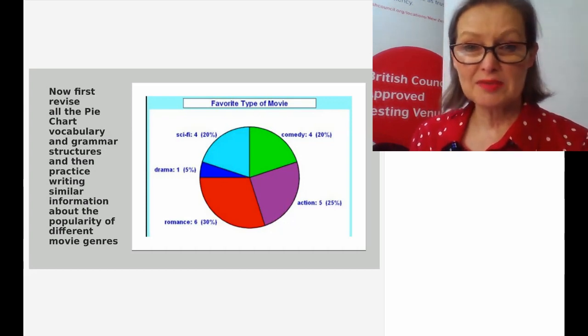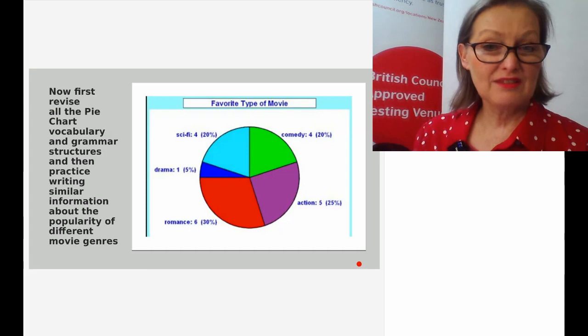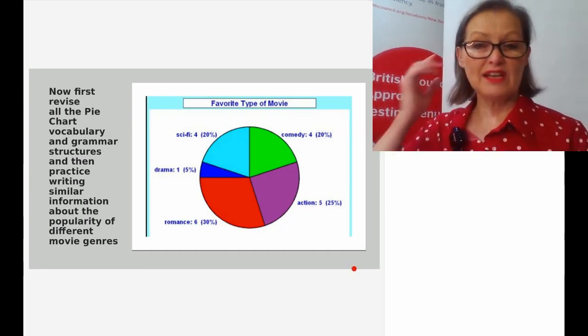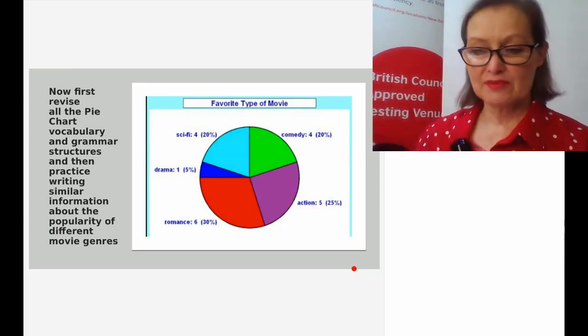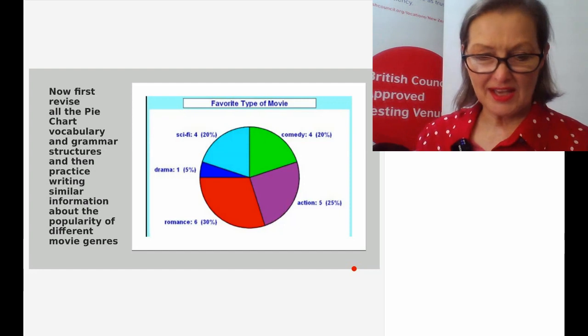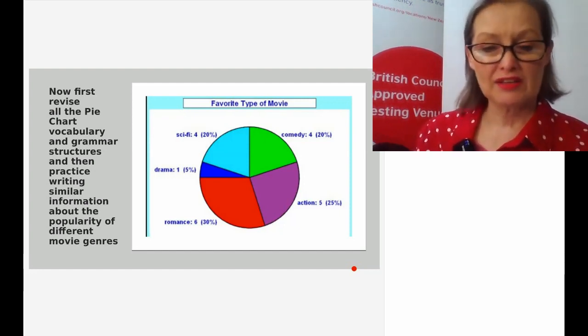Comedy, 20%. Science fiction, 20%. And drama, 5%. So that gives you enough information to practice writing extending sentences exactly as the gap fill in the example we've just looked at. Just stay with that for now.